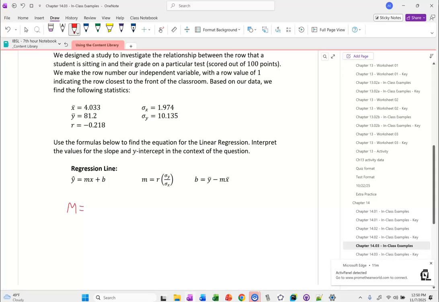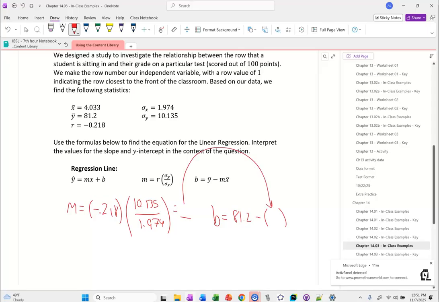So I just calculate my m by plugging the things into the formula. Everybody's okay there? And I'll take my b and calculate that by plugging into the formula.